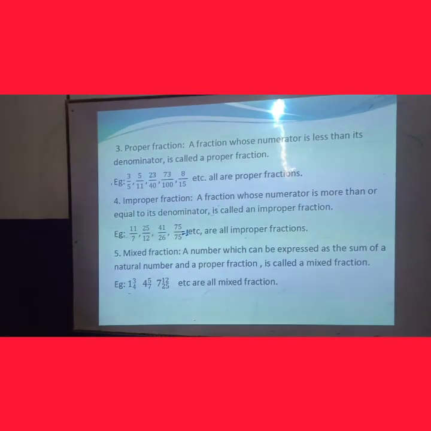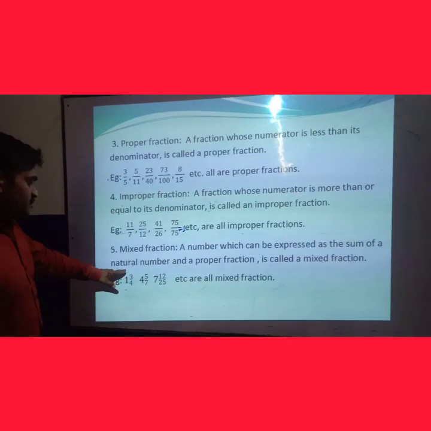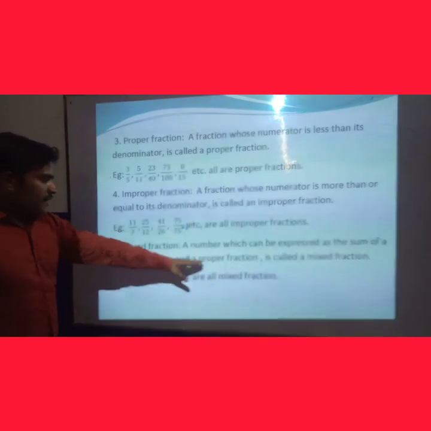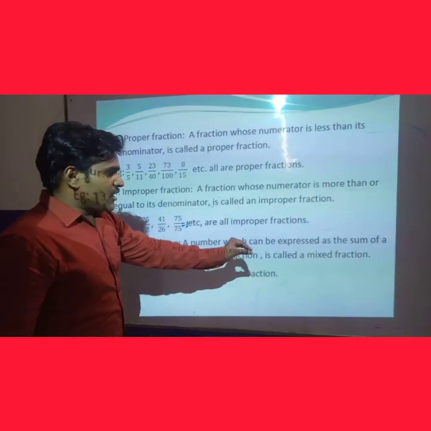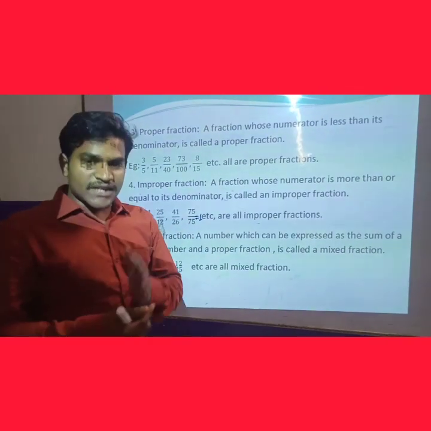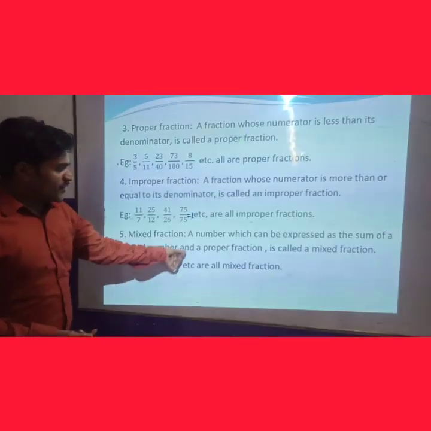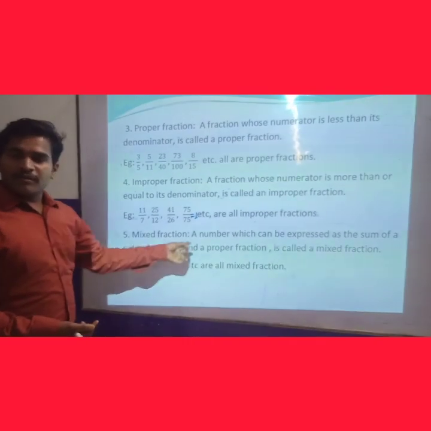Now next is the mixed fraction. A number which can be expressed as the sum of a natural number and a proper fraction is called a mixed fraction. In other words, a combination of a natural number and a proper fraction is called a mixed fraction.